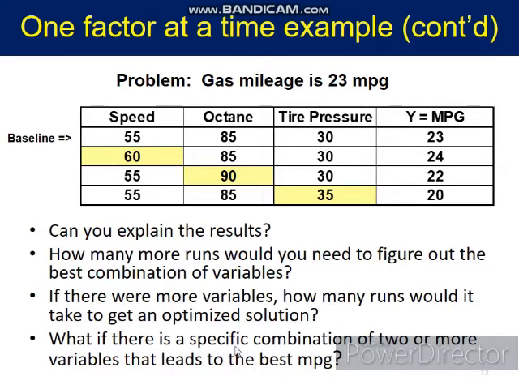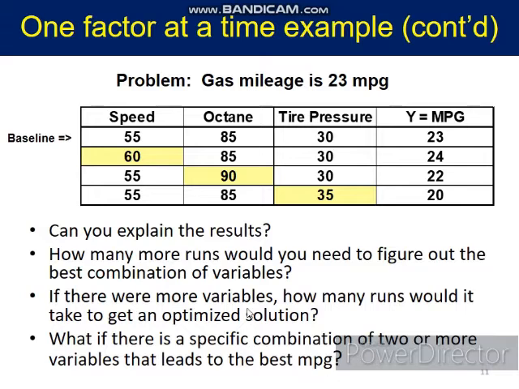If there are other combinations of settings that lead to the best miles per gallon performance, then if I run my experiment based on this only, I'm going to lose that opportunity of improving the miles per gallon performance of that particular car.